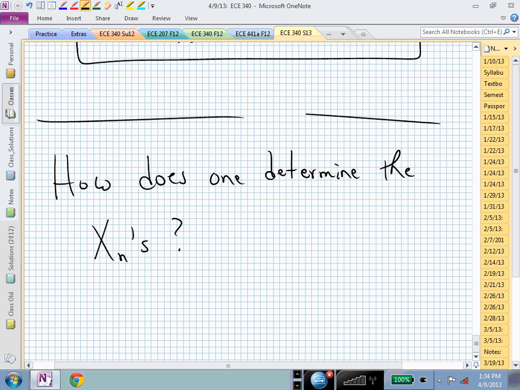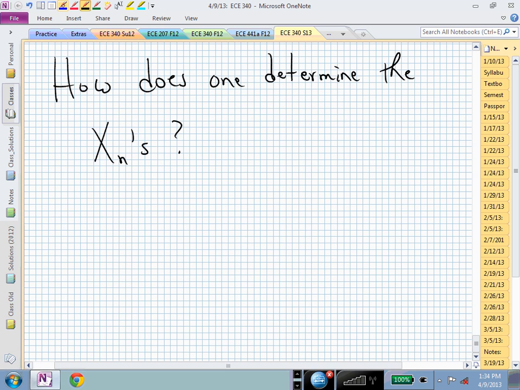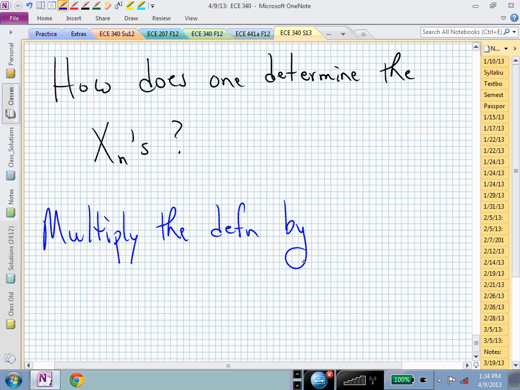The same thing is going to happen here. What we want to do is multiply that definition by e to the minus j m omega naught t and integrate over one period.